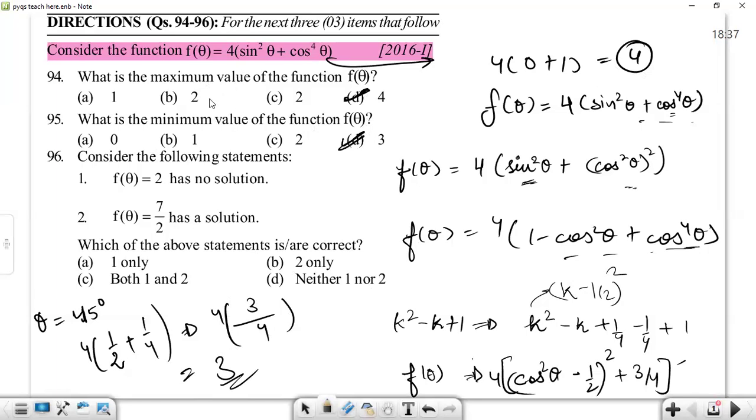And why particularly did we not consider theta equal to 135?